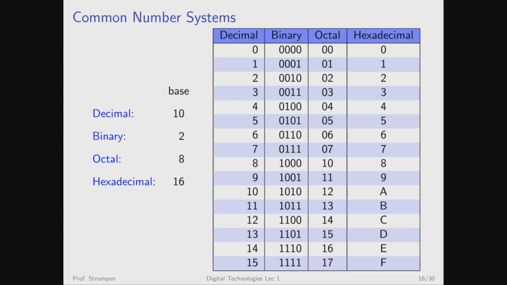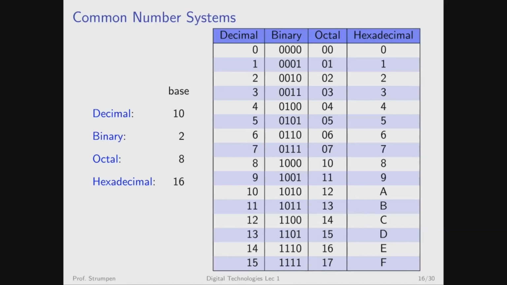Here I've also shown you the octal and hexadecimal numbers. The octal number system uses base 8, the hexadecimal number system uses base 16, and I'm showing you the first 16 numbers, in the range 0 up to 16 to the 1 minus 1, which is 15.